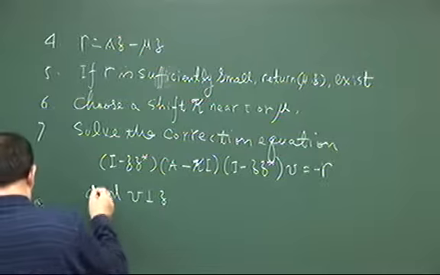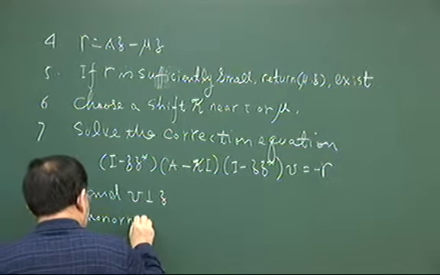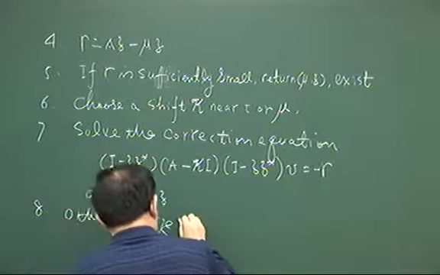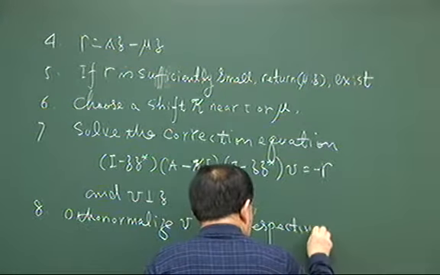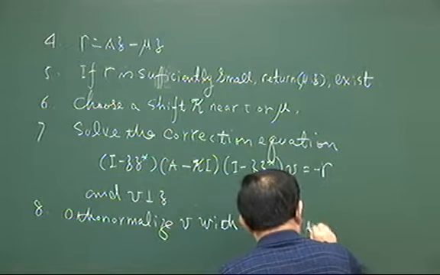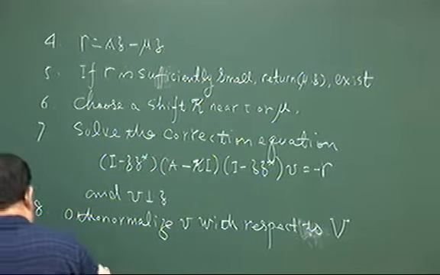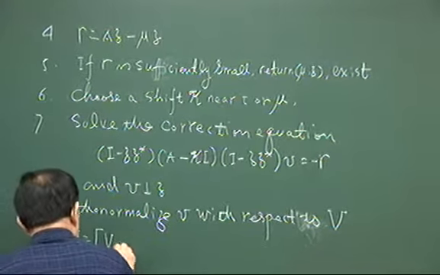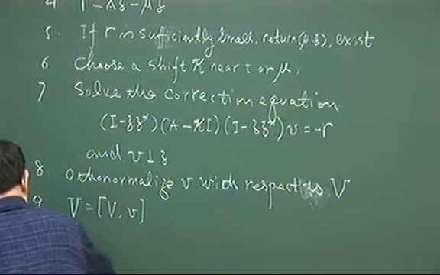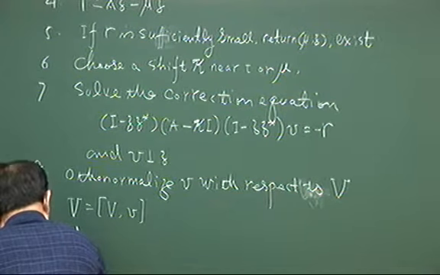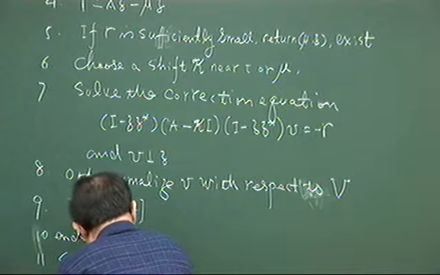Then also normalize the vector with respect to it, and signal non-convergence if needed.